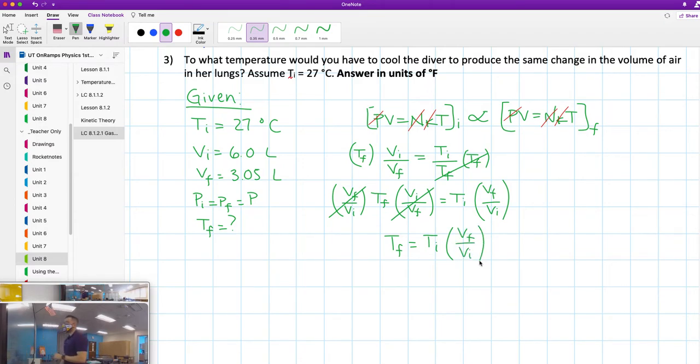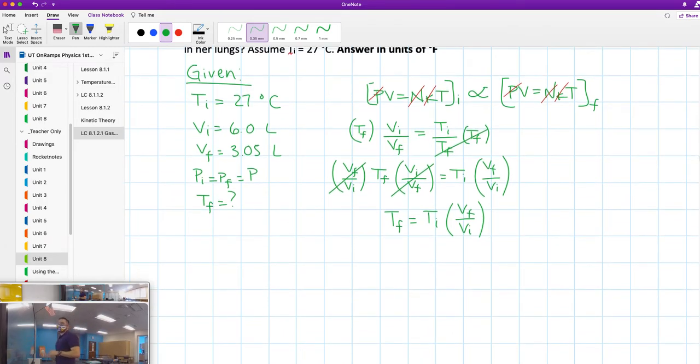There you go. Now before we substitute, we should convert our temperature to Kelvin, because for ideal gases we use Kelvin. And we know that temperature in Kelvin equals temperature in Celsius plus 273. In this case, temperature in Kelvin will be 27 plus 273. That is 300 Kelvin. There you go. Now we can substitute.